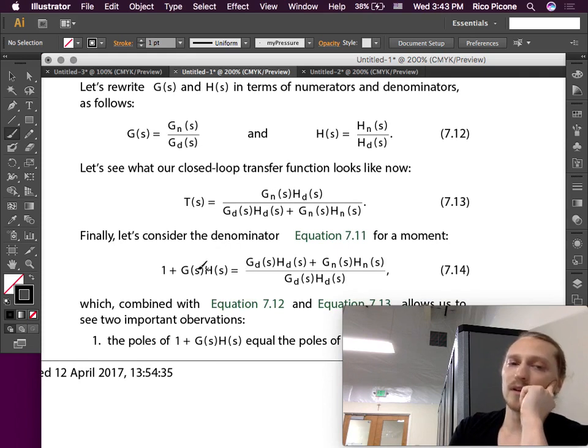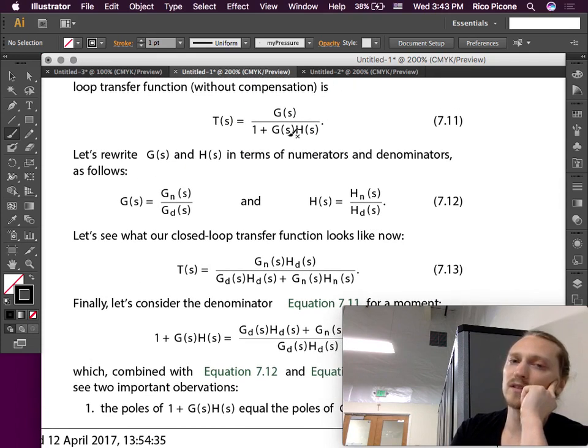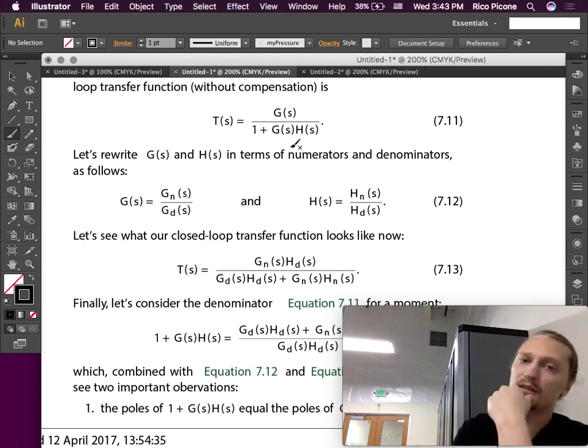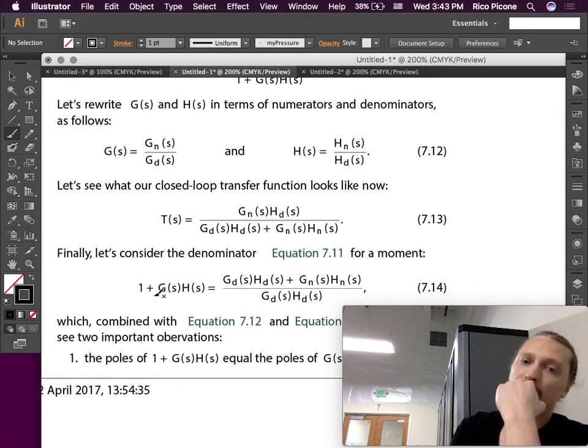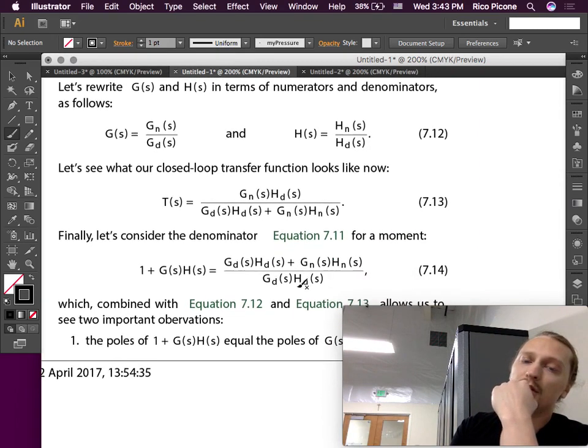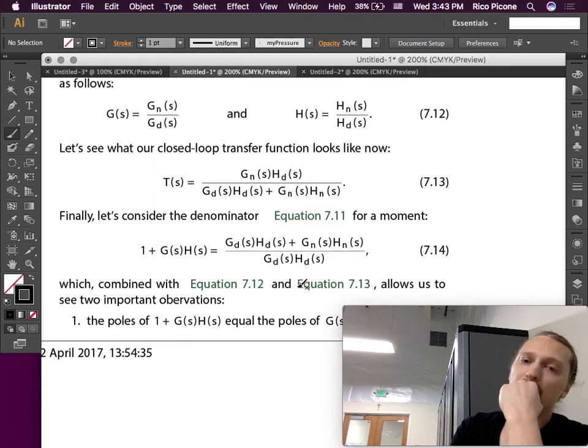That's something to notice. Let's consider the denominator of equation 7.11, which is the closed loop transfer function without all of the numerator-denominator stuff in there. Okay? And we set it equal to this term.